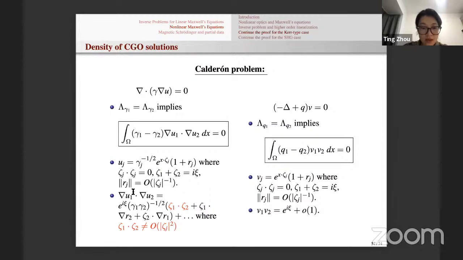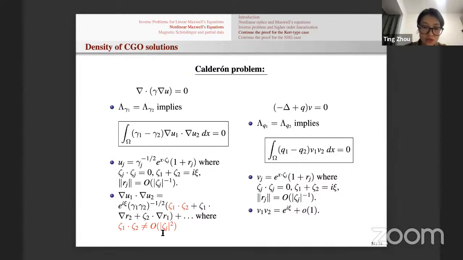When you take the gradient, the first leading term should be Z1 dot Z2. So you want to keep Z1 dot Z2 as the leading term, so you don't need to worry about the remainder term becoming the leading term.